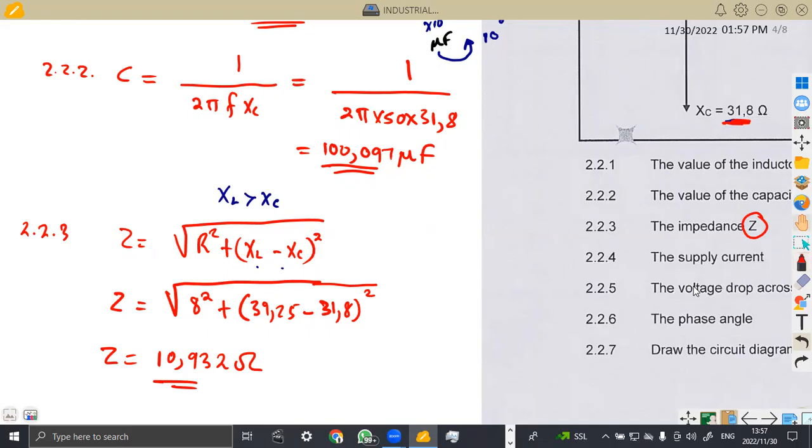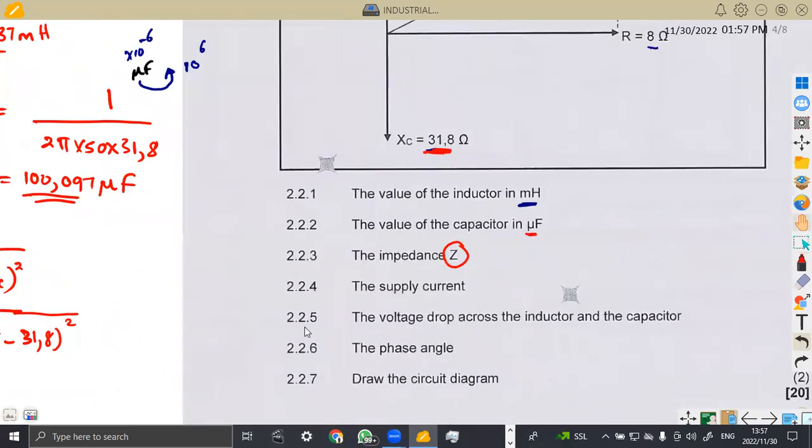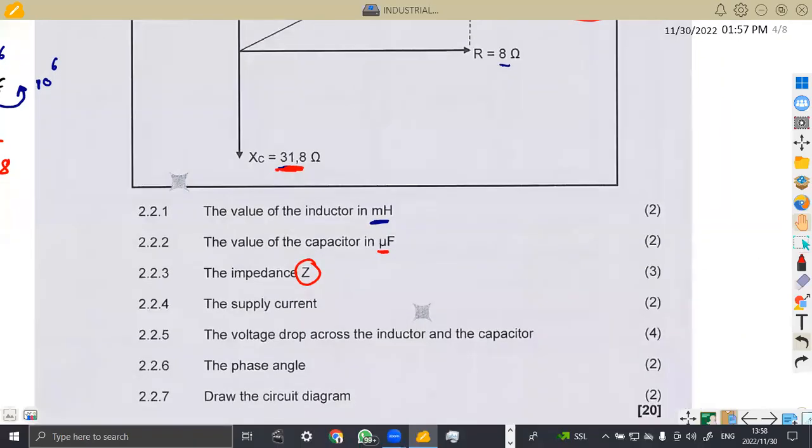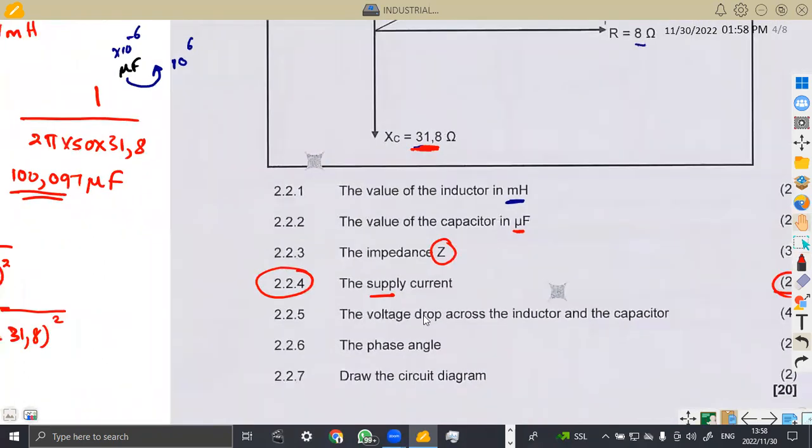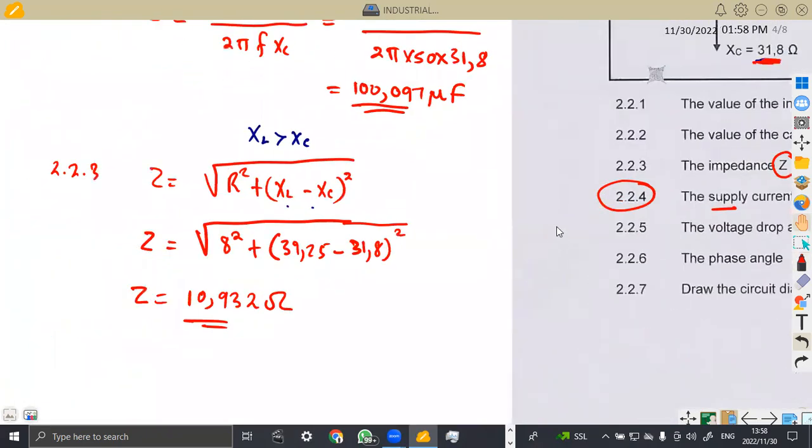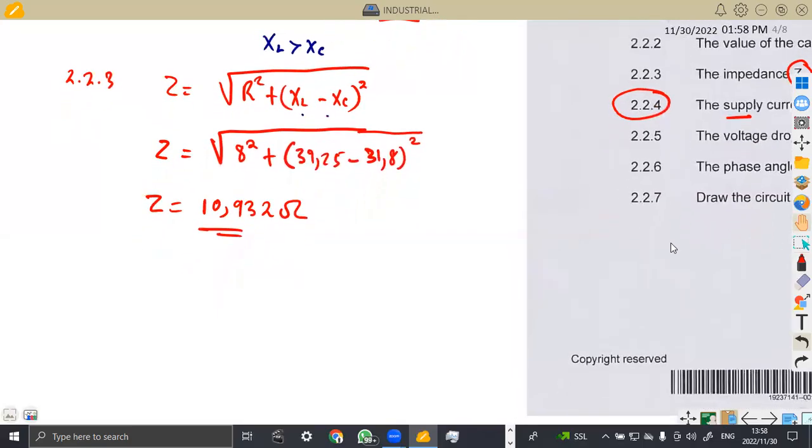Let's move on to the other part of the question, which is 2.24. There we are now asked to calculate the supply current. That's 2.24, the supply current. That is the total current for the circuit. Remember, if you have got total impedance and also the voltage, then it's easier to calculate the total current, because we know that total current is the total voltage over the total impedance.